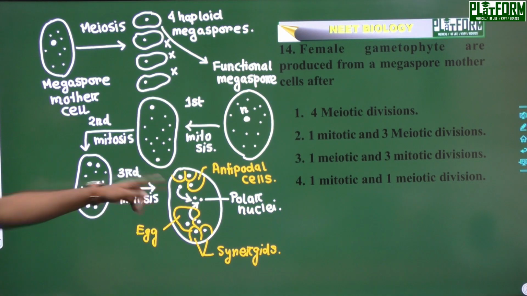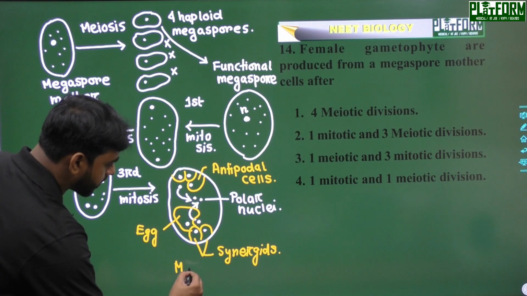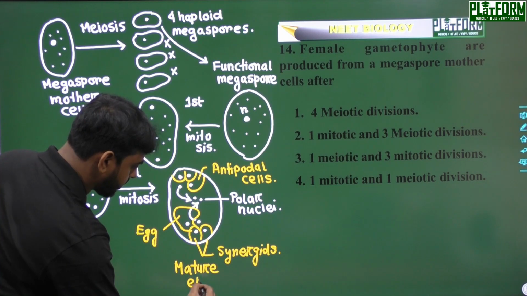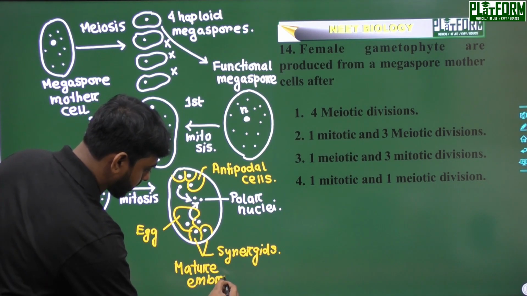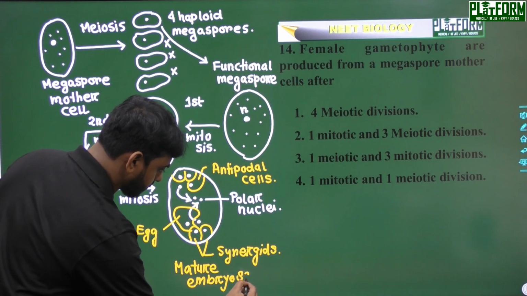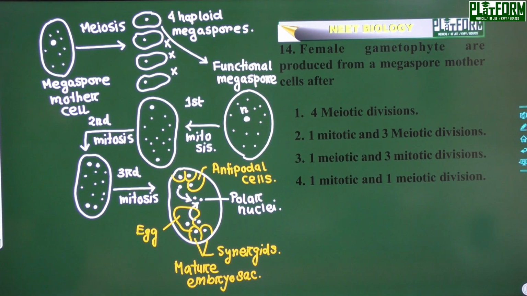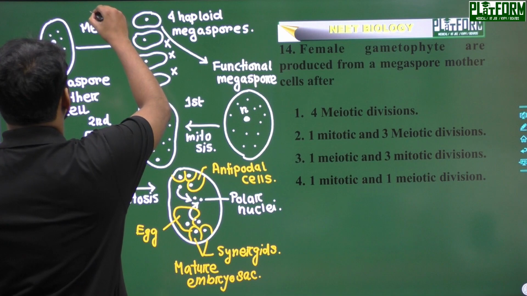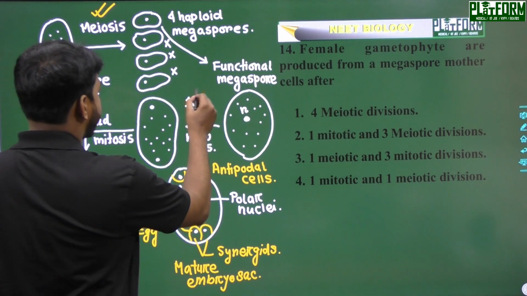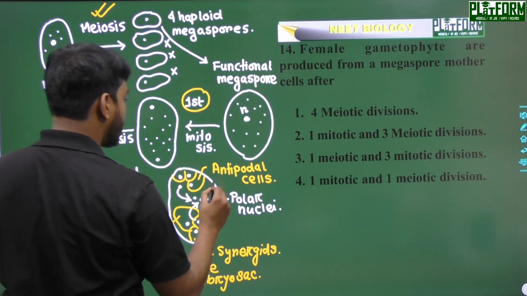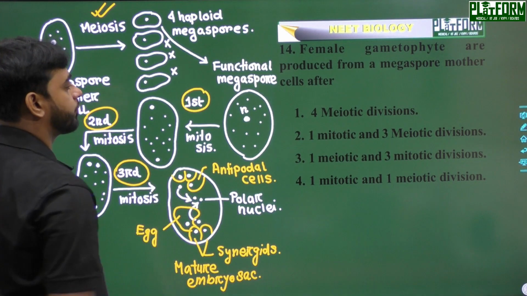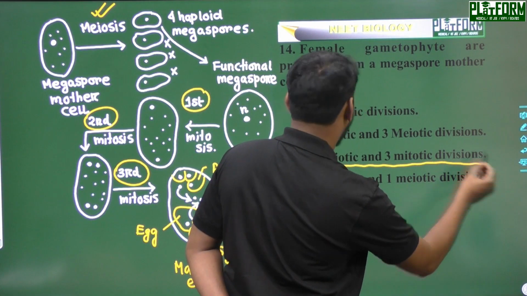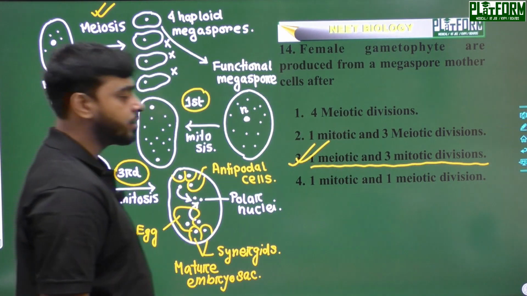Fine. Now this is the structure of the mature embryo sac. The mature embryo sac is developed by a single meiosis and 1, 2 and 3 mitotic divisions. So the answer will be 1 meiotic and 3 mitotic divisions respectively.